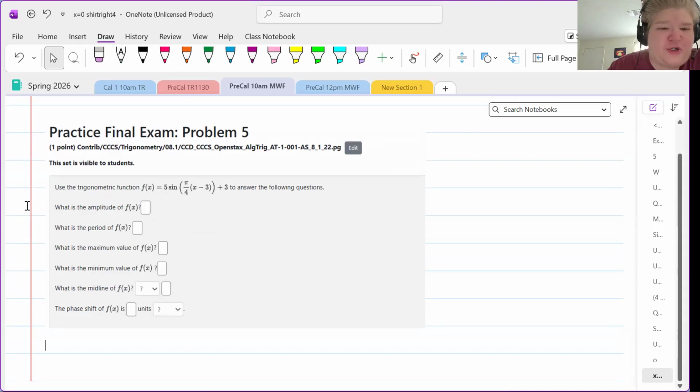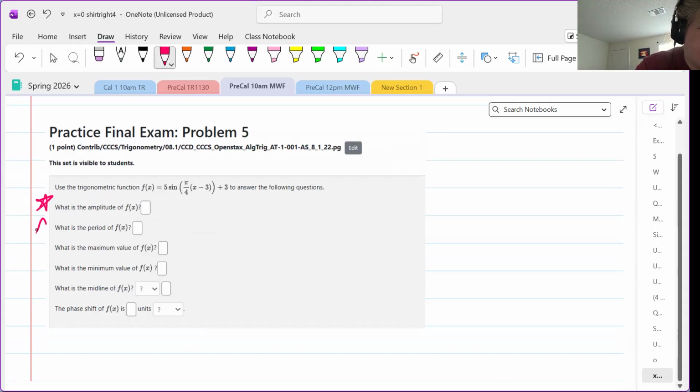So remember, the first problem on exam 2 was graphing some nonsense like this. So we had the first part of the question where we asked about what's the amplitude, what's the period, what's the midline, what's the phase shift. And then we had you sketch the graph.